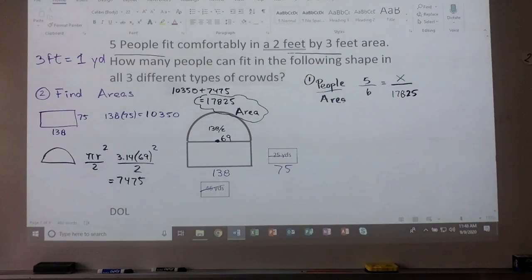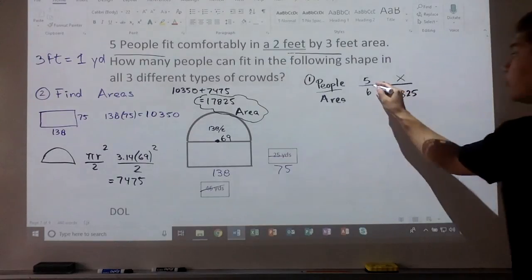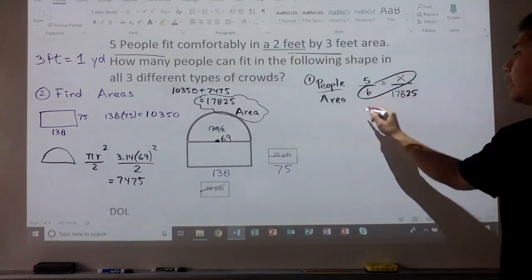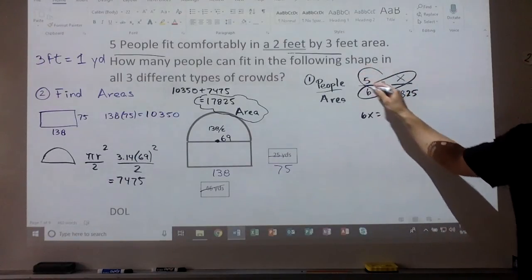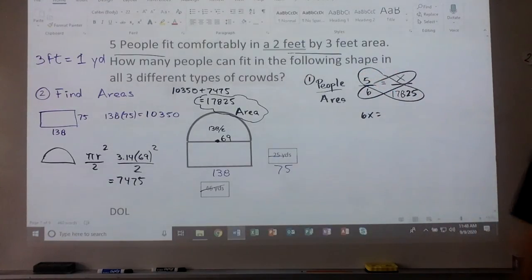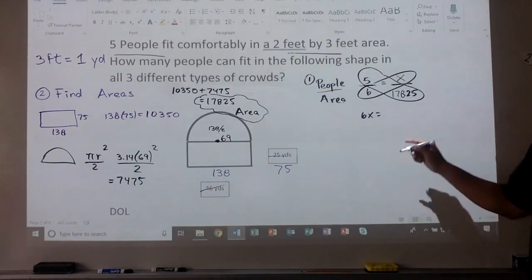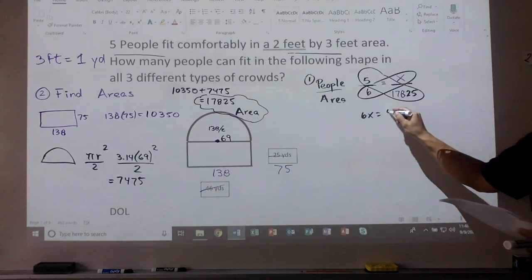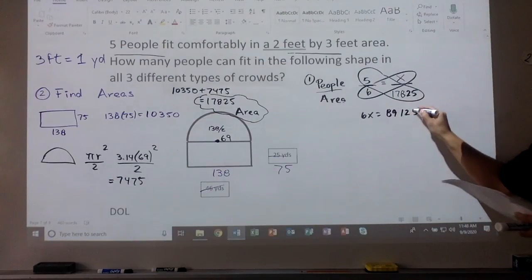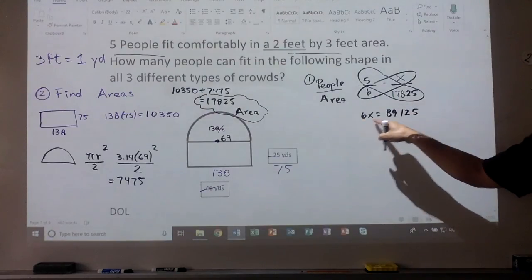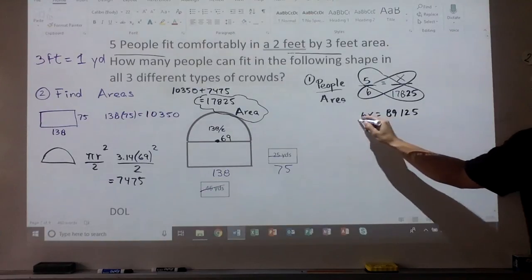Our proportion is already set up. My goal is just to finish it up. So number with the letter first. I got 6x. Now the other side. 5 times 17,825 equals 89,125. A number next to a letter is being multiplied, so the opposite is division.